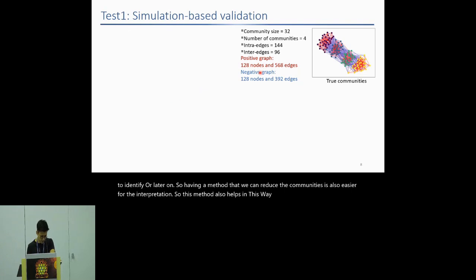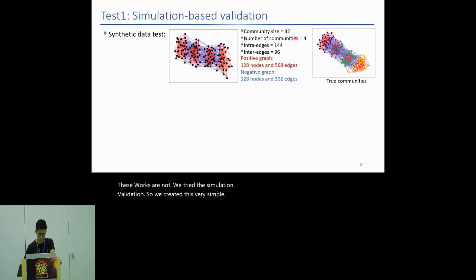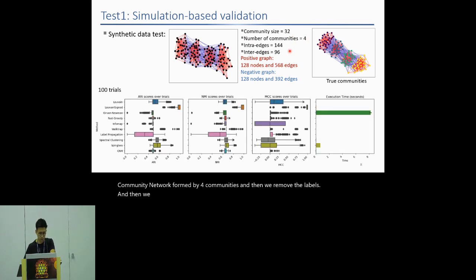So to prove whether this works or not, we tried a simulation validation. We created this very simple community network formed by 4 communities, and then we removed the labels, and then we ran several popular community algorithms here, and ours, the second one, found with very high confidence the correct labels in a very fast time.